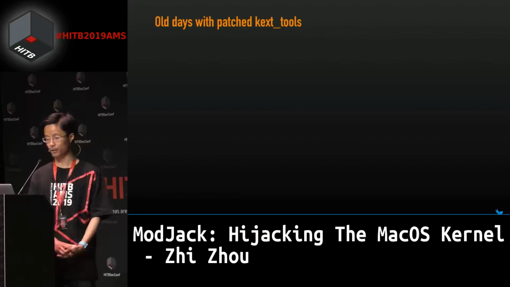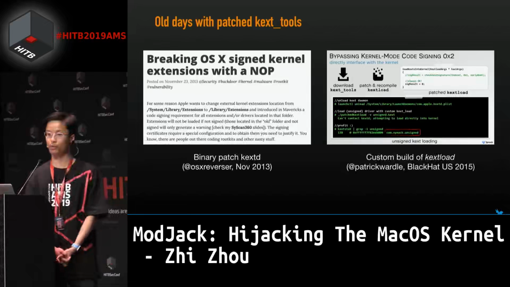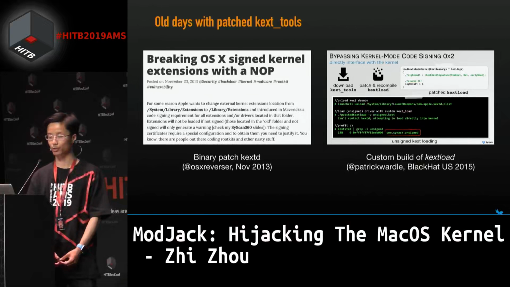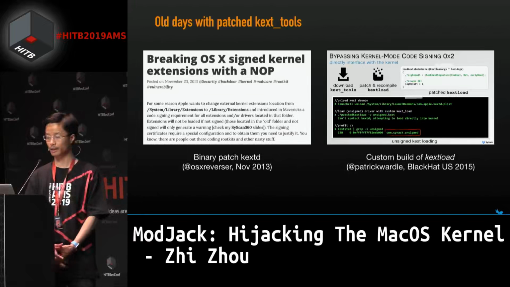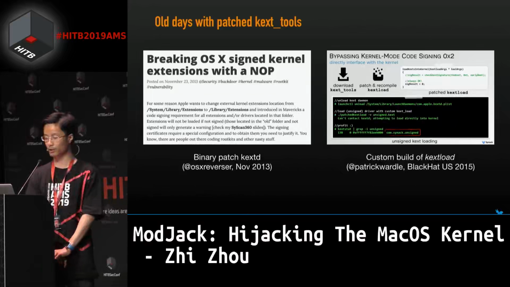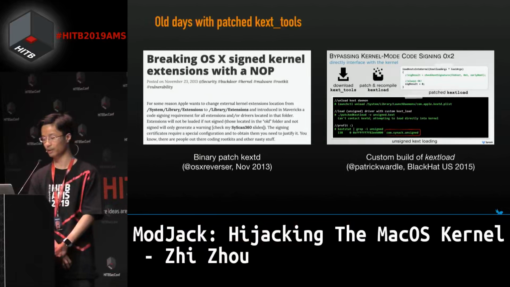In the old days, there were examples by other researchers who patched the KEXT underlying tools to gain kernel code execution by loading unsigned KEXTs. First is the binary patching of kextd presented by OS X Reverser in 2013, and the second is the custom build approach by Objective-C in 2015.